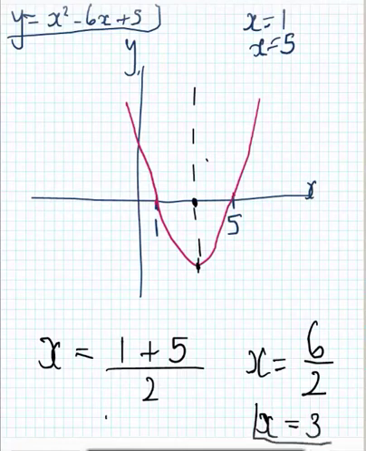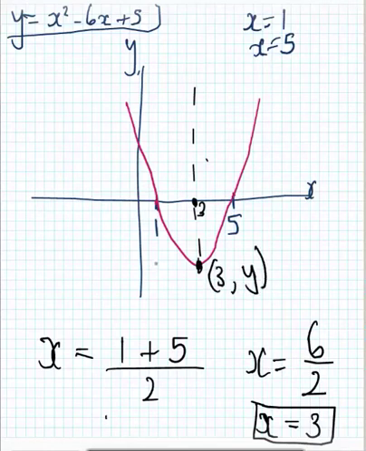And guess what? We have found the x value of our turning point. So halfway between 1 and 5, this point here, is when x is 3. And so the turning point, the x value, is a positive 3. And now we have to find the y value. What is y when x is positive 3? And by doing that, we will have our turning point.